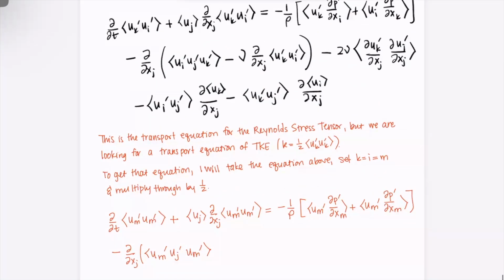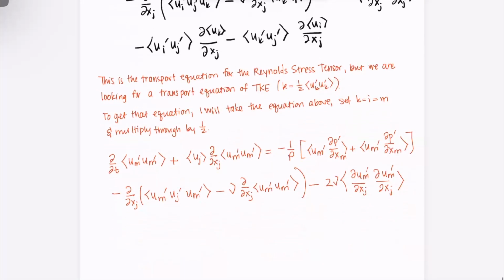Okay, and then I also have minus the viscosity, partial xj, prime, prime, close those brackets, minus 2 times the viscosity, partial prime, partial xj, partial prime, partial xj. Okay.